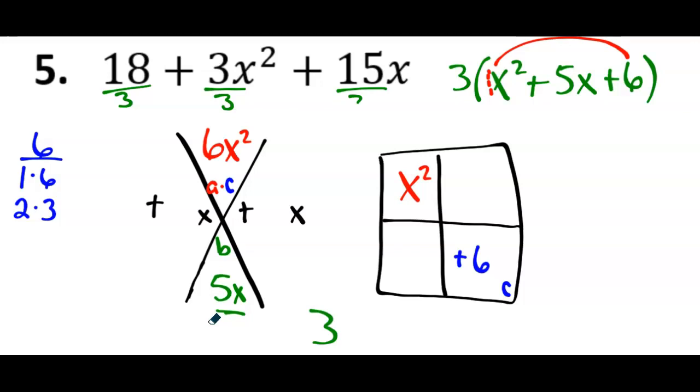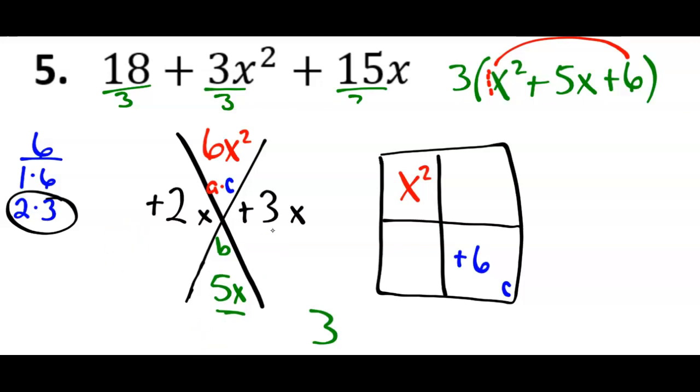Let's see. 6 minus 1 would be 5, but these have to both be positive, so it has to be this one, because you could get 5 with either one of those. And so that's why it's important to write down all of your possibilities and then figure out what you have to add to and know what these signs have to be.